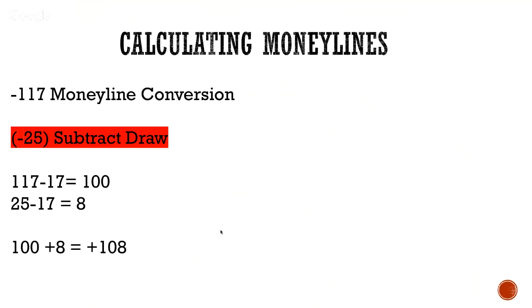But again, you have to subtract it the way odds work. So it starts at 117, and when it gets to 100, then it goes into the dog side. So here's how we do it. When you have a favorite team and you're subtracting the 25, you first have to get it to 100. How do we get 117 to 100? We subtract 17.